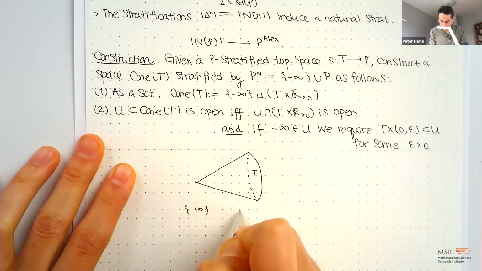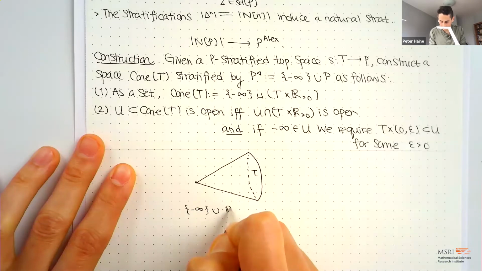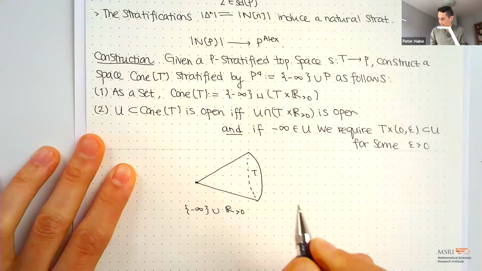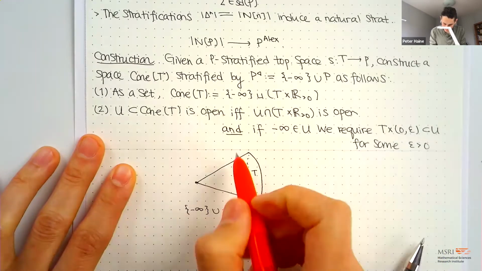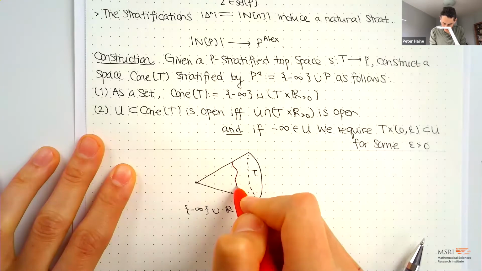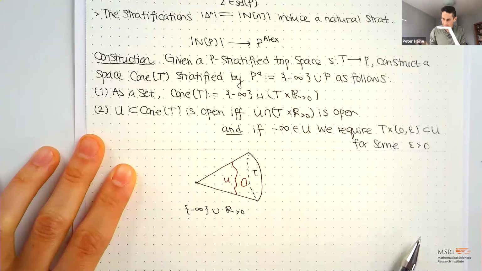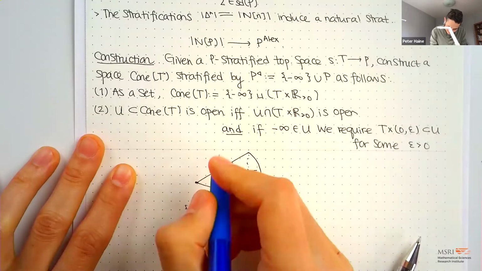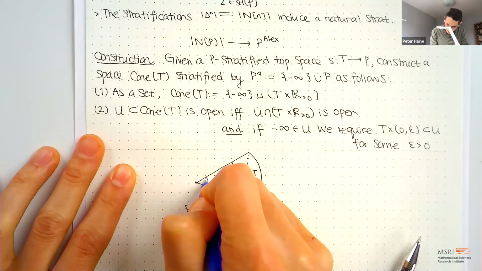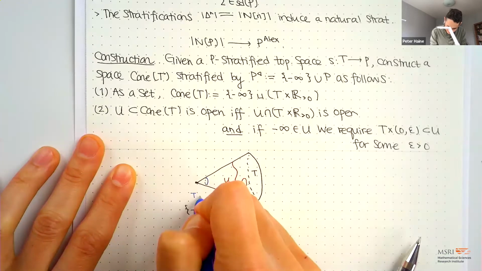Then you have the R greater than 0 part. And then you'll say that some set U is open, maybe it has some stuff over here. If you want that to be open, you're going to need it to contain some guy that looks like T cross (0, epsilon).